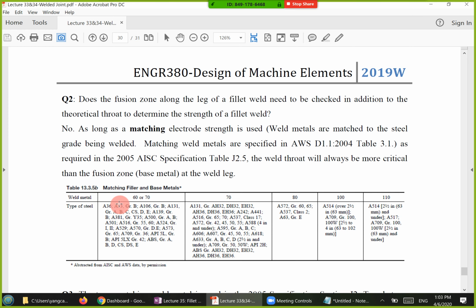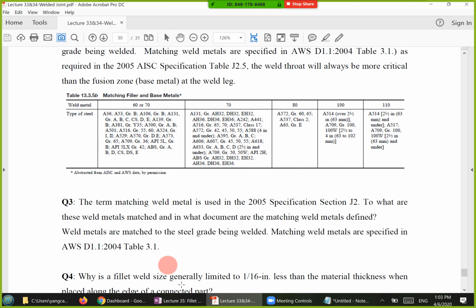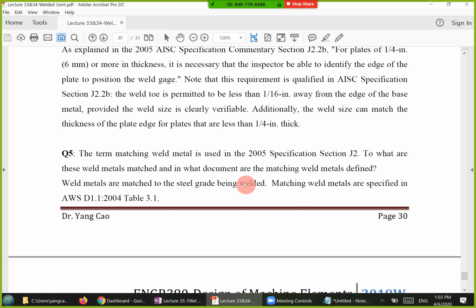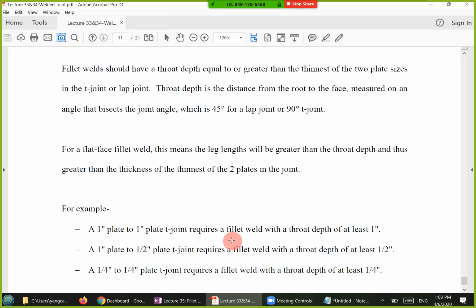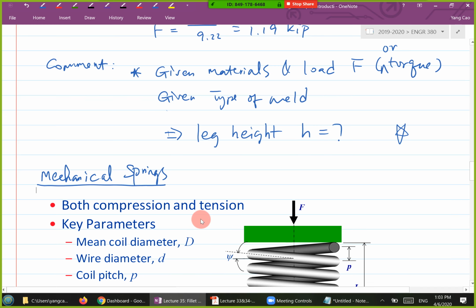There are also a couple of other issues, such as the suggested height of the fillet weld in reference to the thickness of the plates. Okay, so take a look at this. Those are just some additional materials.